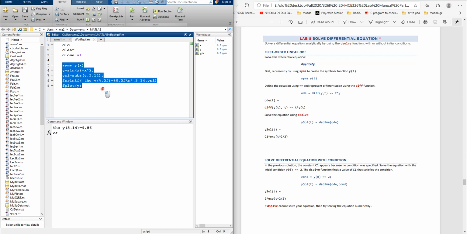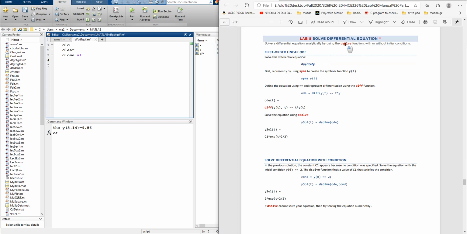So guys, now let me go back to today's lecture. In today's lecture, we will use symbolic equations and the dsolve function to solve ordinary differential equations. As an example, this is the equation, a first order differential equation: dy over dt equals t multiplied by y.